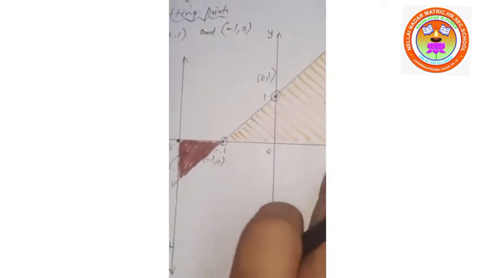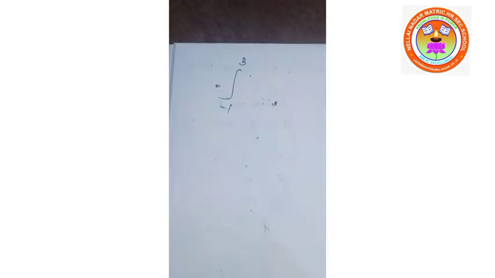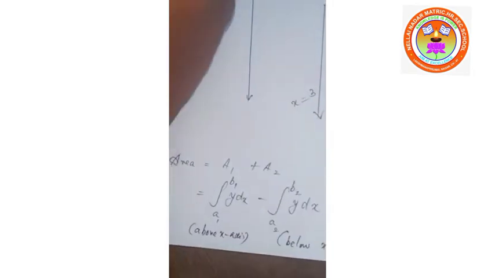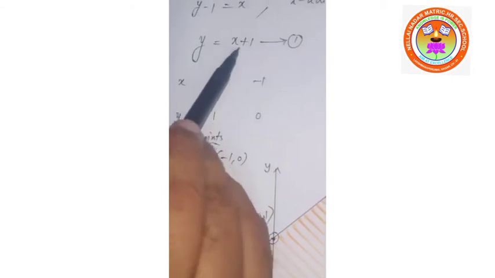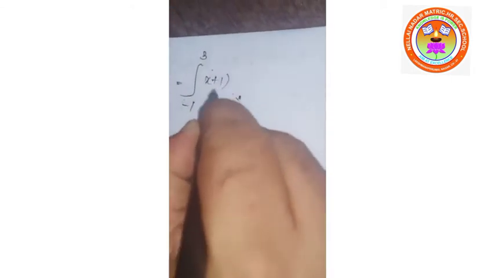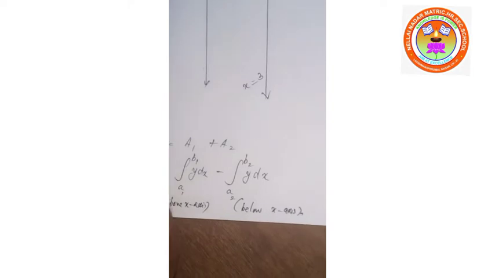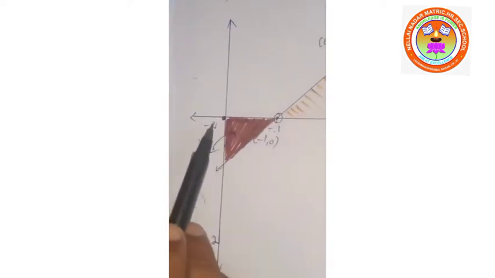Once again, starting limit -1, ending limit is 3, -1 to 3, y dx. Y should be taken from equation number 1. What is it? x plus 1 dx. Minus, in A2, this is a starting limit.